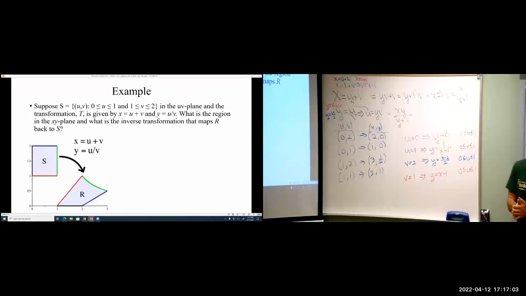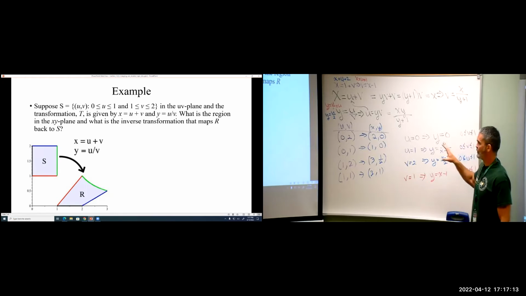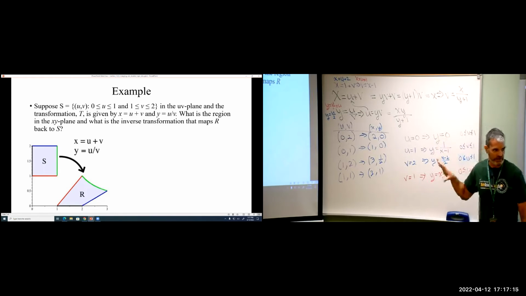That's what we're doing. Again, remember, this is a double variable example of U substitution. And so what we're doing is we're mapping between two regions, one in the XY plane and one in the UV plane.